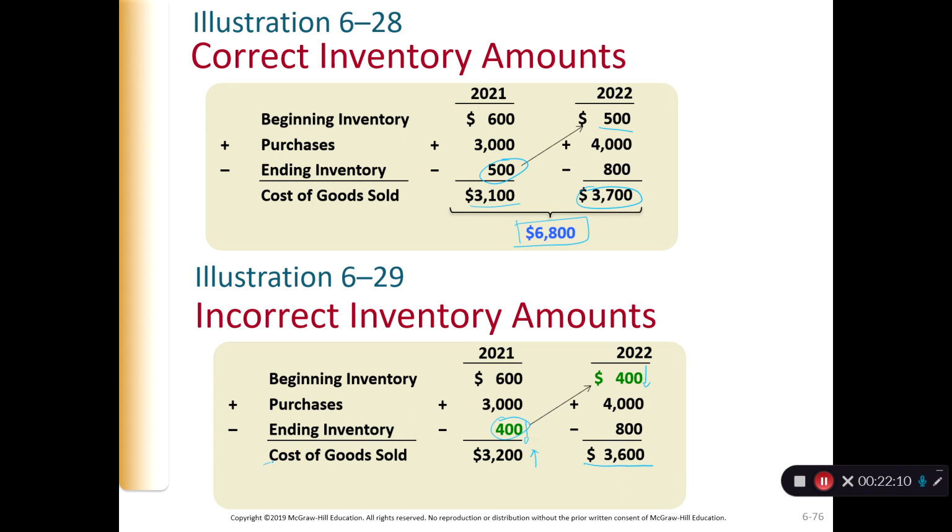But compared to the cost of goods sold for 2021, the mistaken one will be overstated at 3200, when the cost of goods sold should only be 3100. But when you add the cost of goods sold together for these two years, those two wash away.